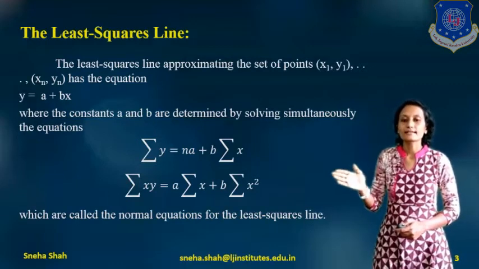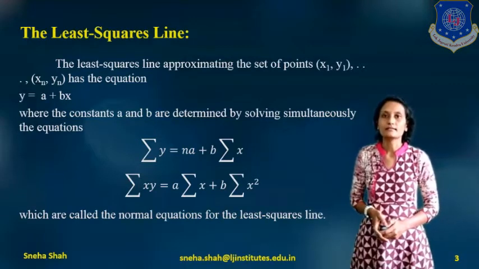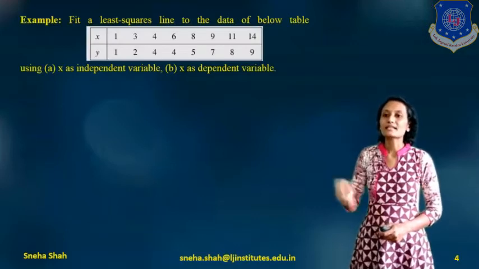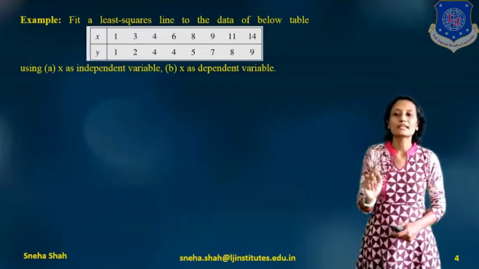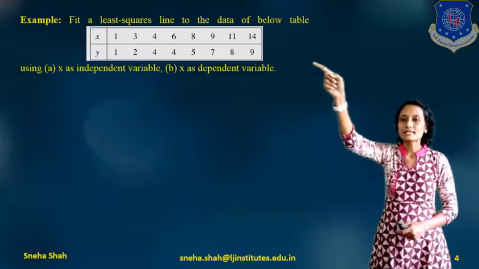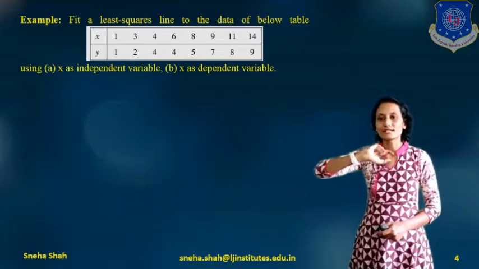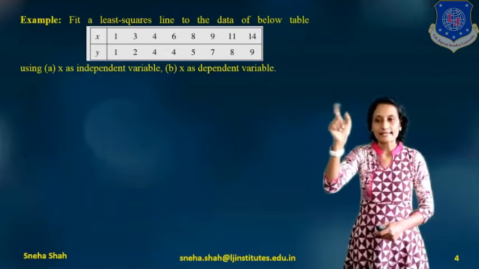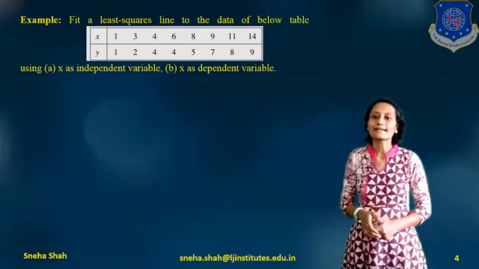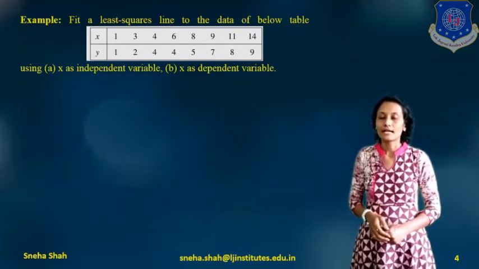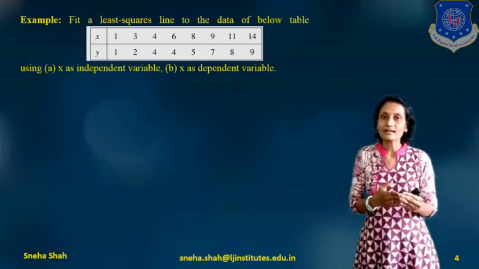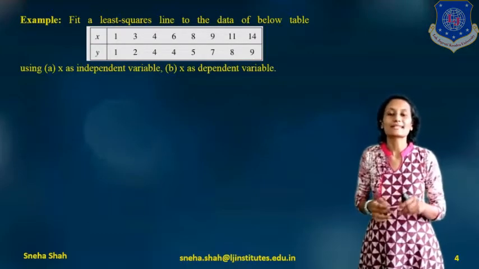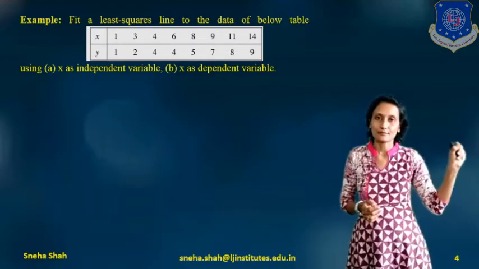To understand this, we will solve some examples. The first example is: fit the least square line to the data of the below table. The table is given in the form of x and y values, using x as the independent variable and y as the dependent variable. If x is the independent variable, it will be represented as y equals a plus bx.